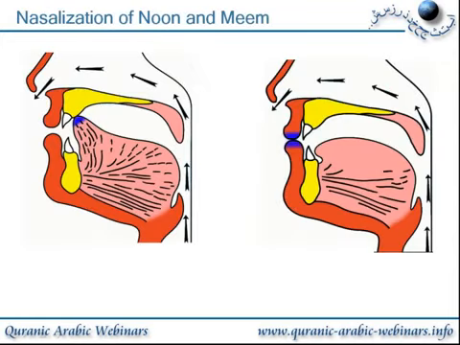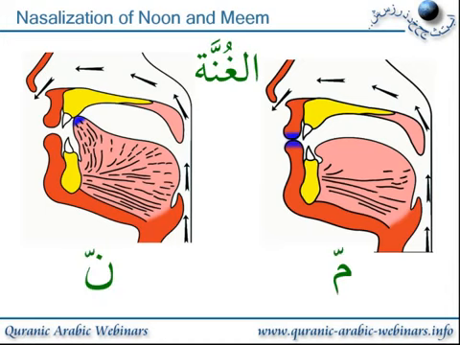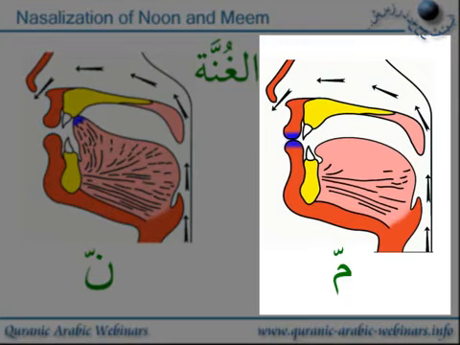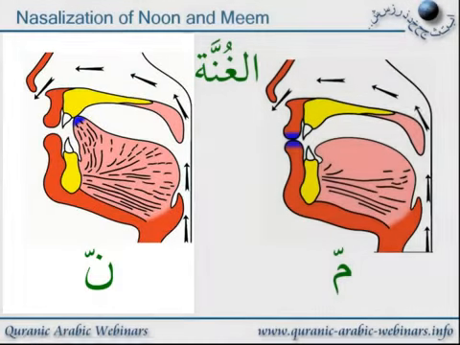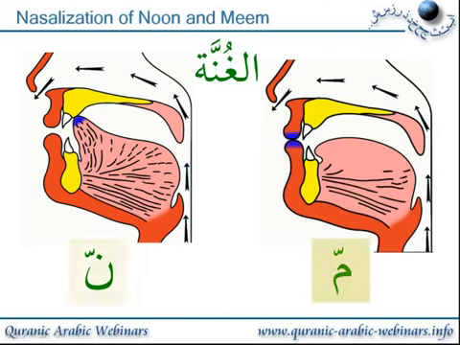So the nasalization of noon and meem. We've got the normal makharij diagrams that we've covered before. On the right hand side we have the makharij diagram for meem, and on the left hand side we have it for noon. Below the diagrams we've got meem with shadda and noon with shadda, i.e. meem mushaddad and noon mushaddad.